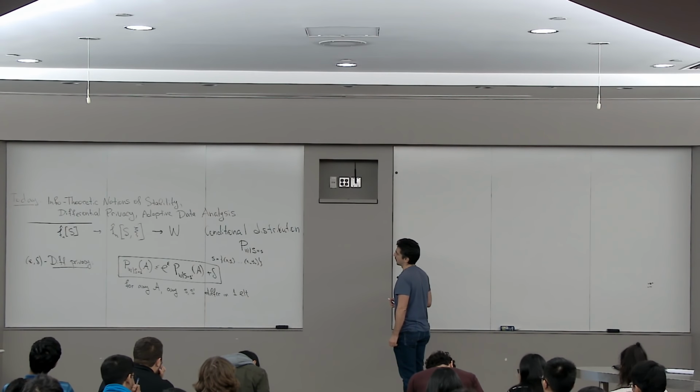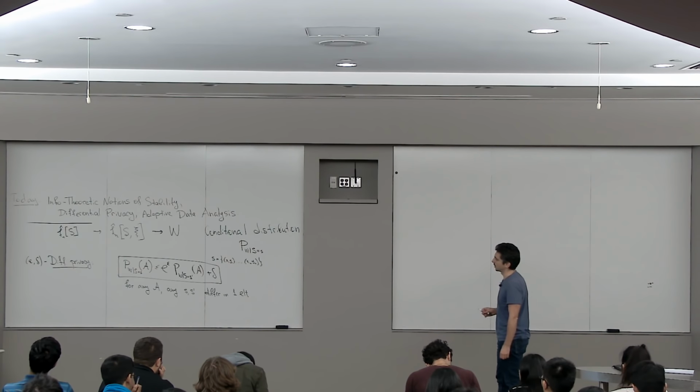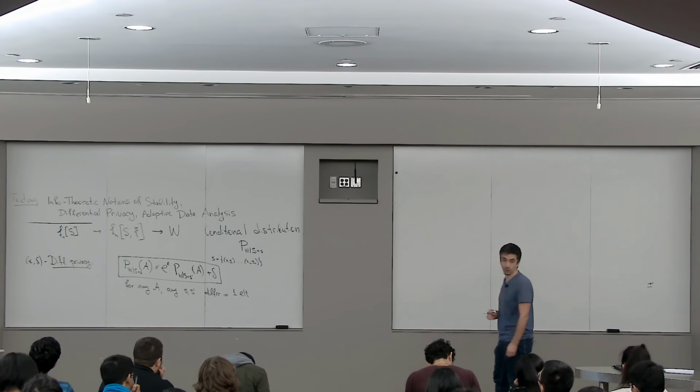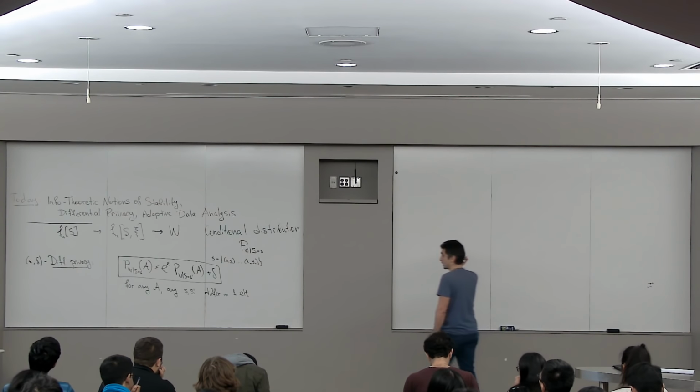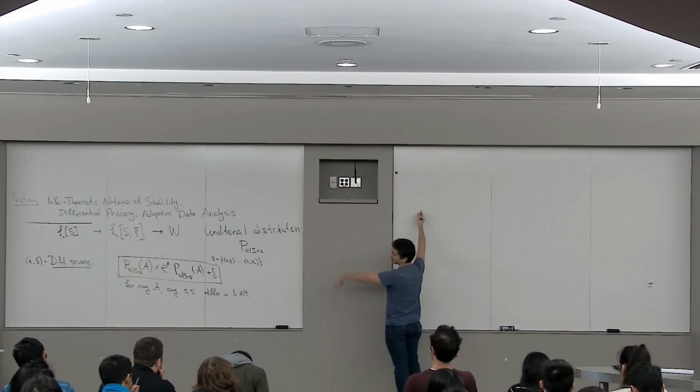Okay, so let me not dwell too much on the issue of privacy, but let me just show you the connection to generalization. So the first connection is, let's write down, I'm going to return to the original notation.